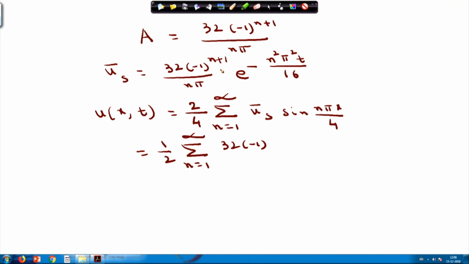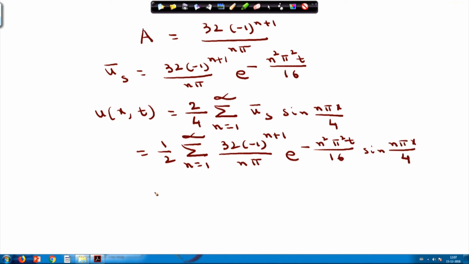Please note this, u bar s will be 32 into (-1)^(n+1) by n pi into e to the power minus n square pi square t by 16 into sin(n pi x/4).